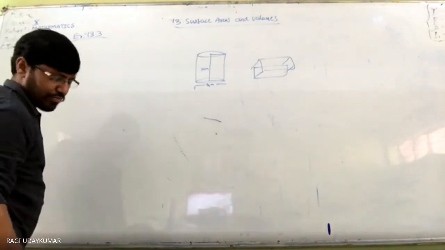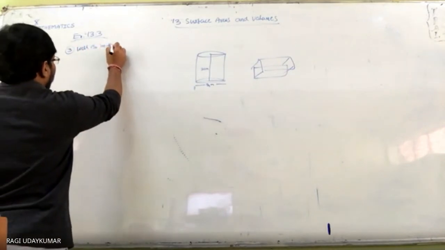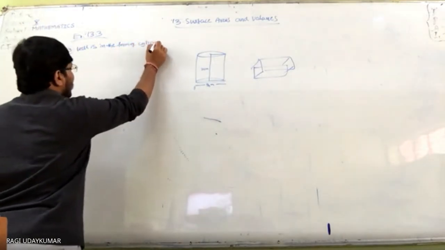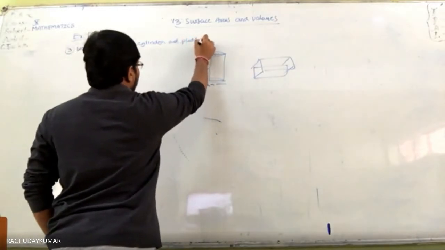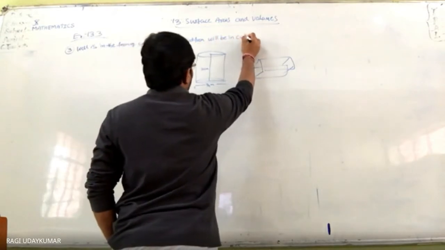Well is in the form of cylinder and platform will be in cuboid.